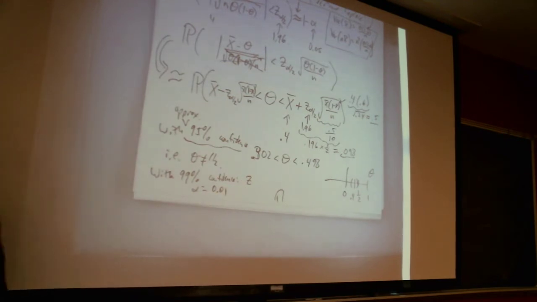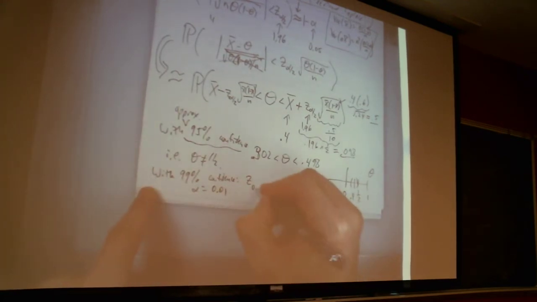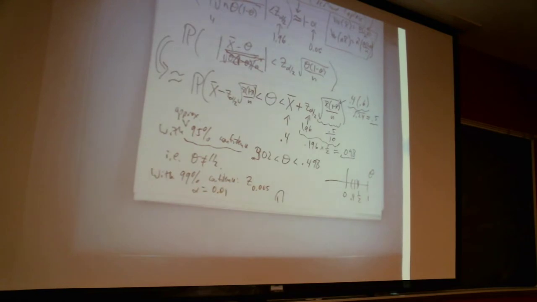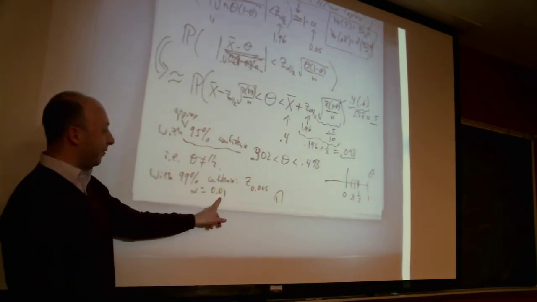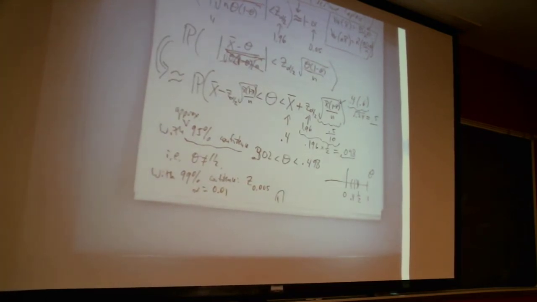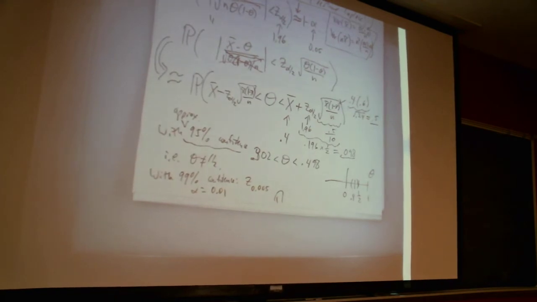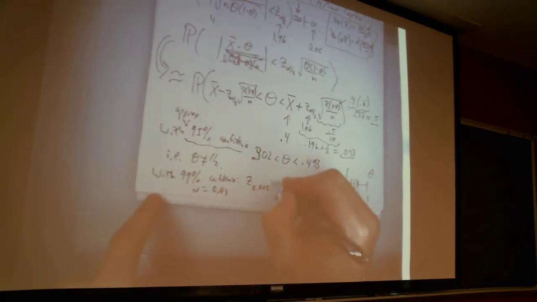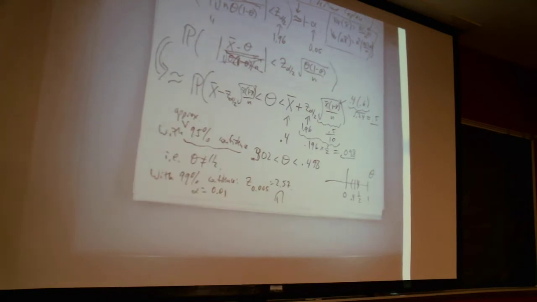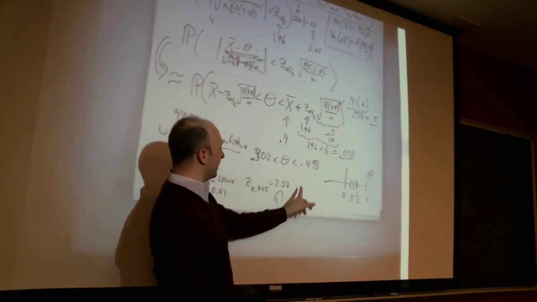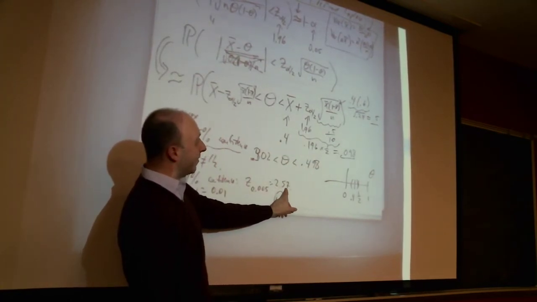So z sub 0.005, because that's half of alpha. That value, if you look up, is 2.57. So instead of going out to 1.96, you have to go out to 2.57.